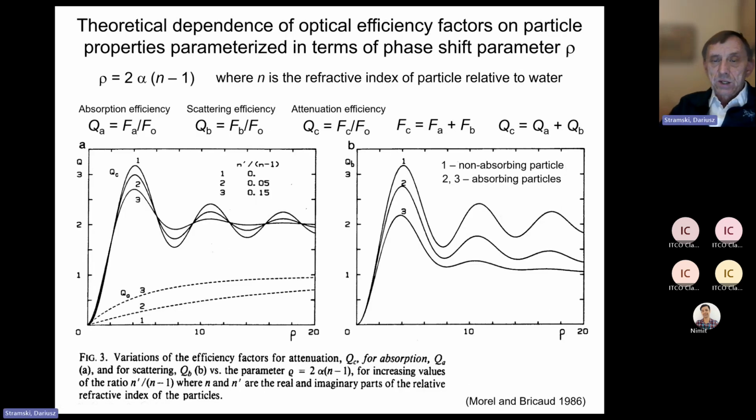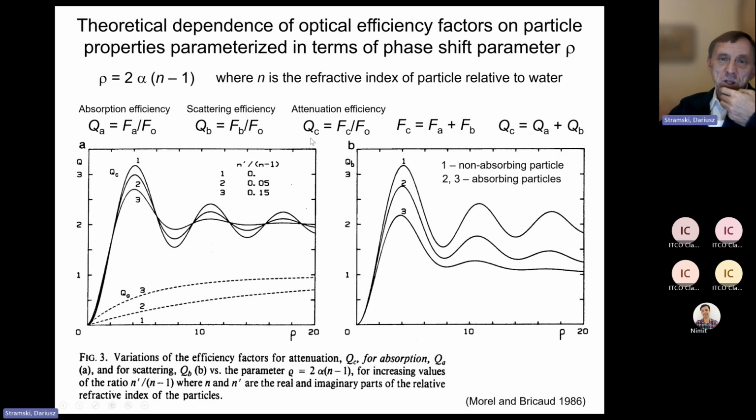Now, this slide is a little bit more complicated than the previous one that showed the dependence of Q_a on physical properties of the particle. These are the results of theoretical calculations showing how optical efficiency factors vary, and in this case we show Q_a, Q_b, as well as Q_c, which is attenuation efficiency, and Q_c by definition is the sum of efficiency for absorption and scattering.